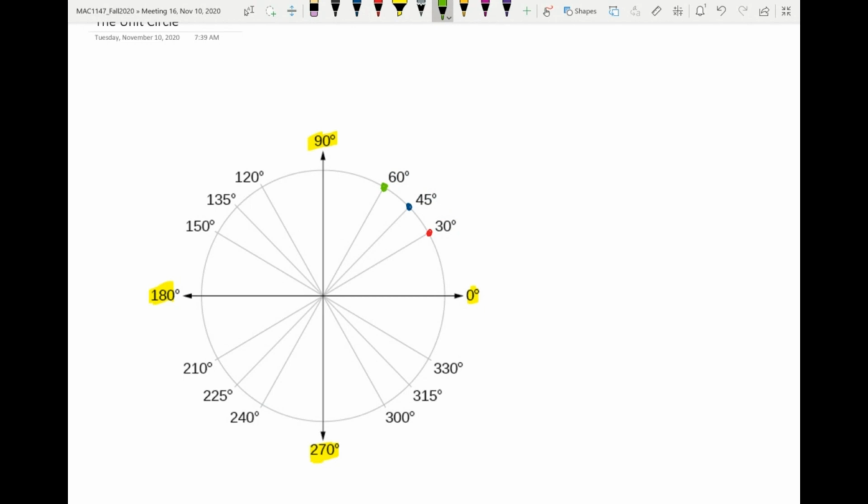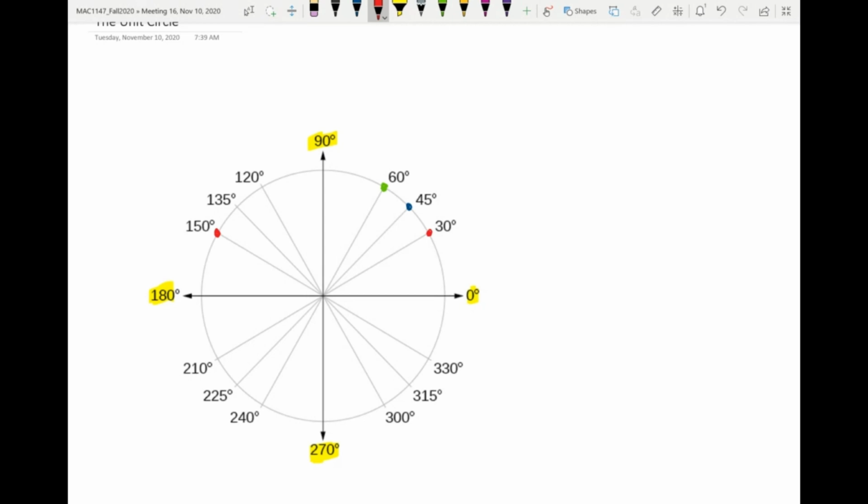So let's go to quadrant 2. Which one of those three angles that we have in quadrant 2 has a reference angle of 30? You can tell me. Which one has a reference angle of 30? Are you sure, Maria? It's going to be 150. Okay, good. So I'm going to put red in 150 just to signal in this picture that it corresponds to 30.